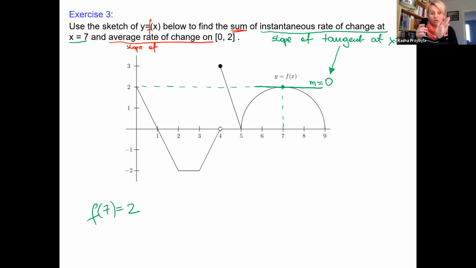Average, we need 2 points. Yes, the secant line. You're looking at the values. No, just the general, and then we will compute. Slope of the secant line. Please remember, and of course for a secant line we need 2 points.